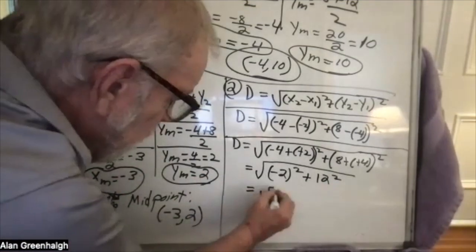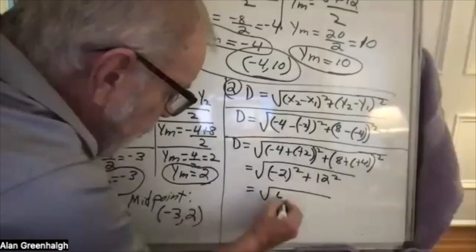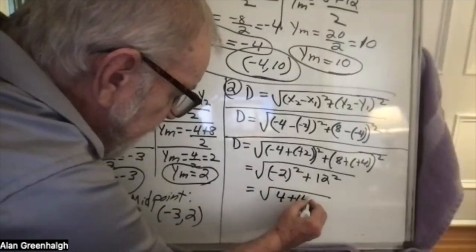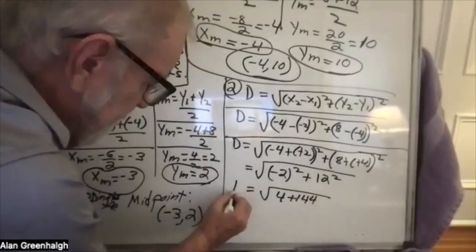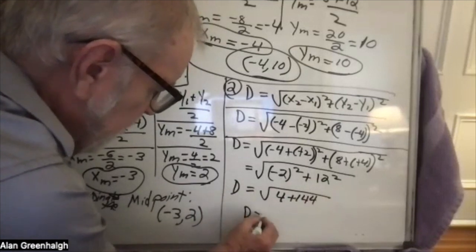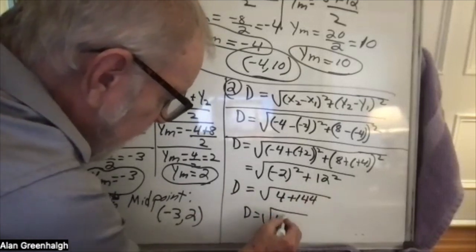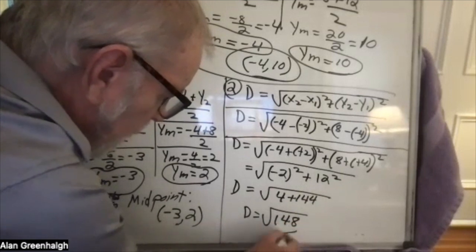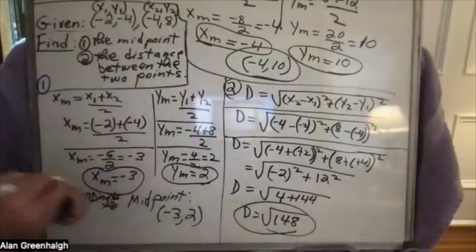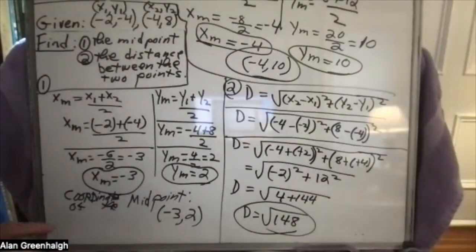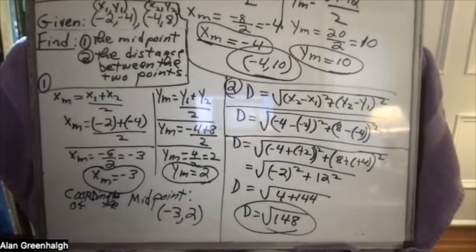Equals the square root of 4 plus 144. D equals the square root of 148. And that's a good enough answer. I do not want you to take your calculators and find the square root of 148.